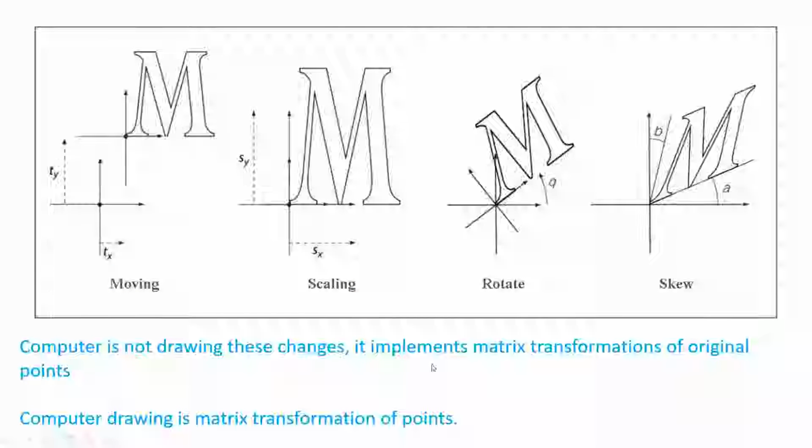And matrices in graphics help you achieve these things digitally. You are not redrawing this M like this. You are just using a matrix to scale it like this. You are not redrawing this into this. You are using a matrix to rotate it like this. Digitally it is done.